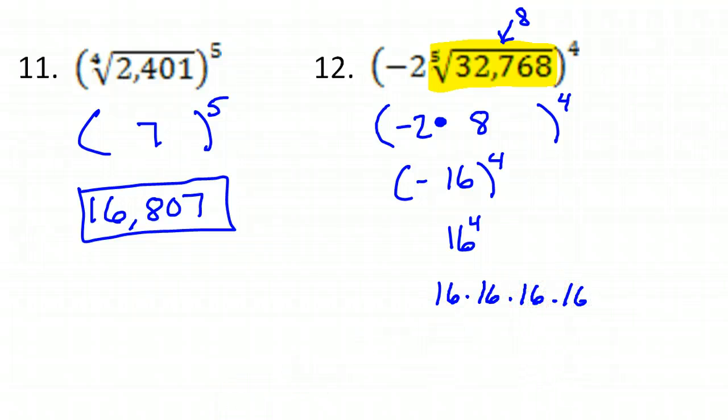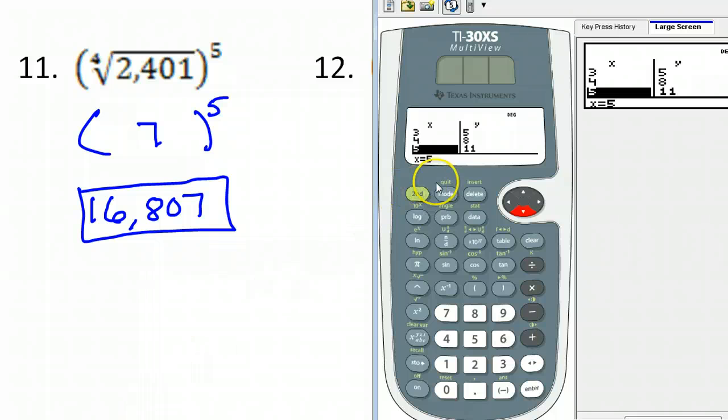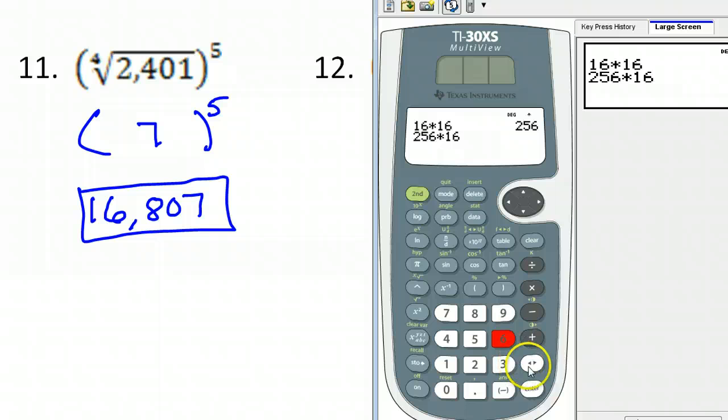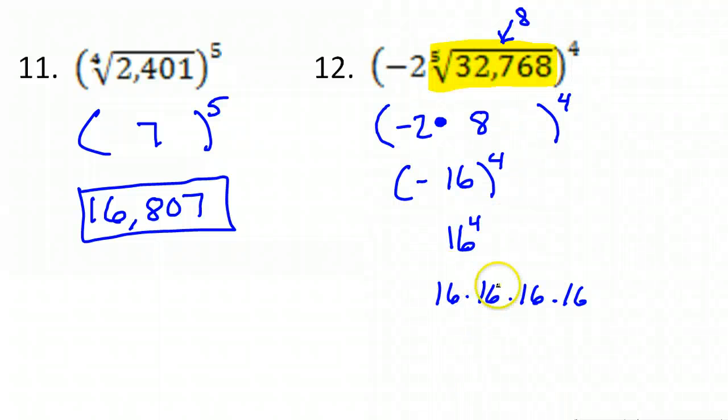Even with a 4-function calculator, I'm just going to pretend that this TI-30 is a 4-function calculator for a minute. I could do 16 times 16, and then 256 times 16. Oh, in fact, here's how I prefer to do it. Let's do it in pairs.